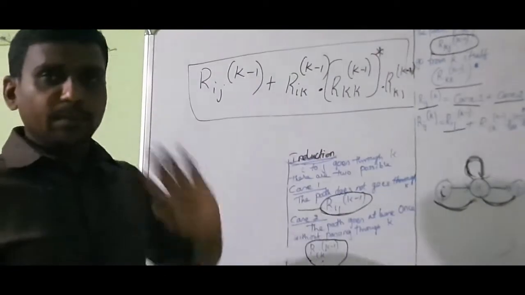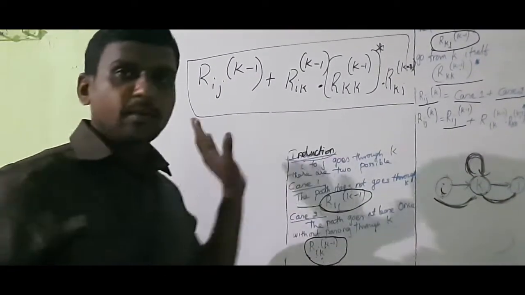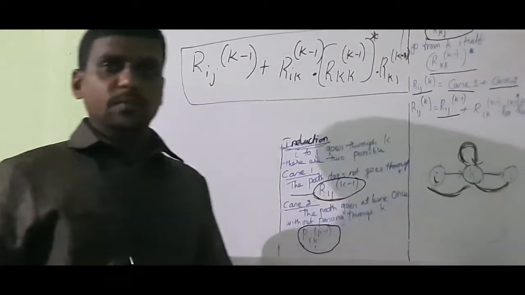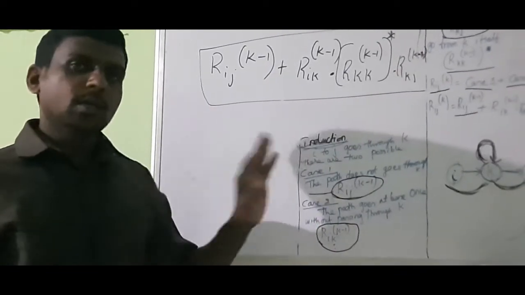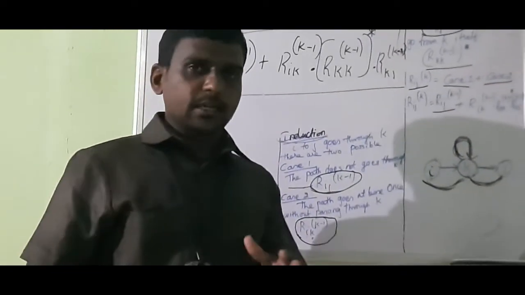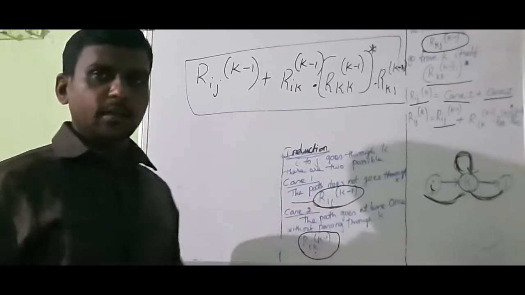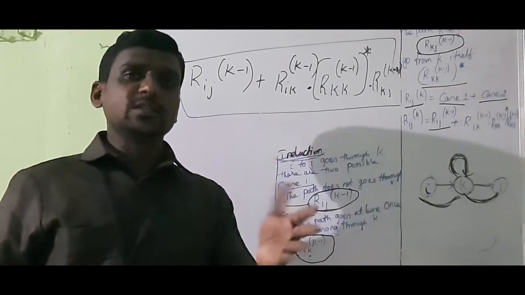The star is used because it goes a number of times. Using this theorem we are going to solve problems on DFA to regular expression conversion. Next class we will see a problem related to this theorem.